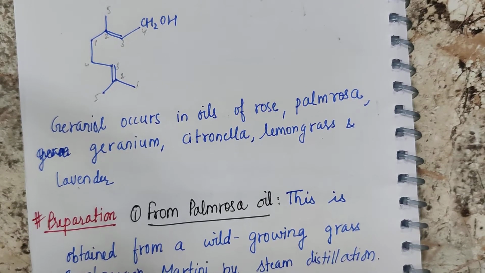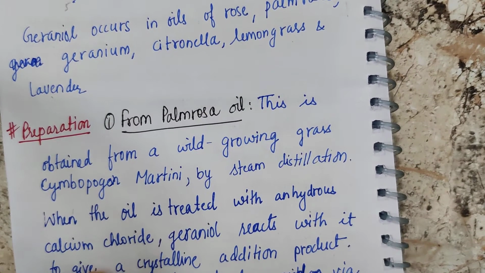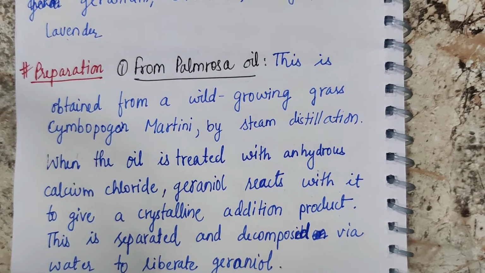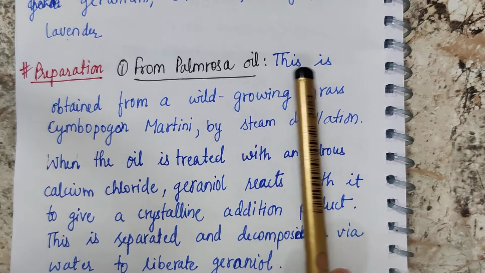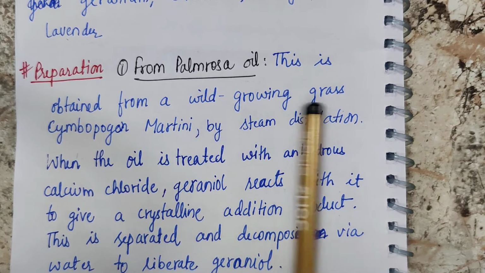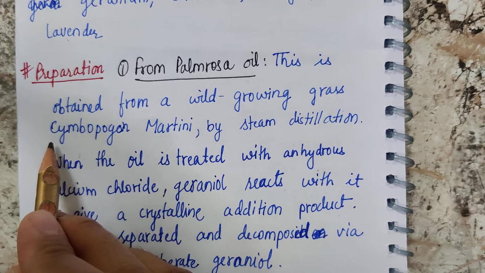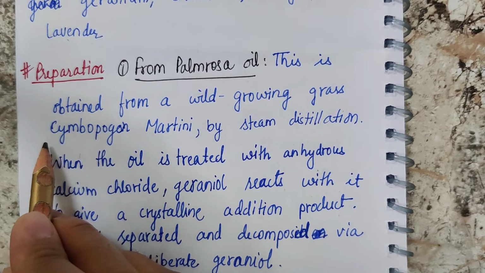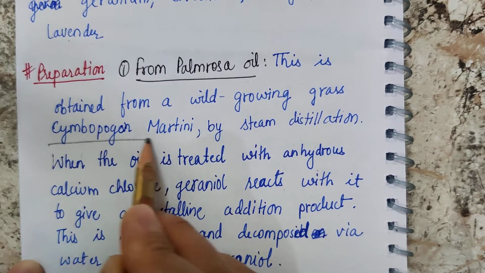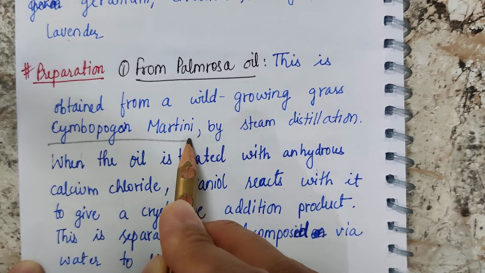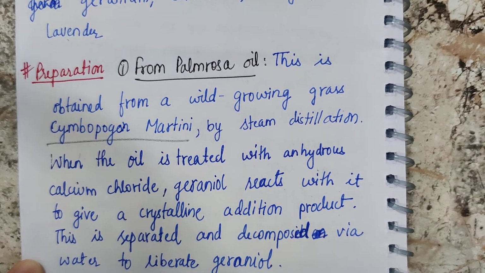Okay, if we see the preparation, it is mainly prepared from palmarosa oil. This is obtained from a wild grass whose scientific name is Cymbopogon martini, and it is obtained by steam distillation.